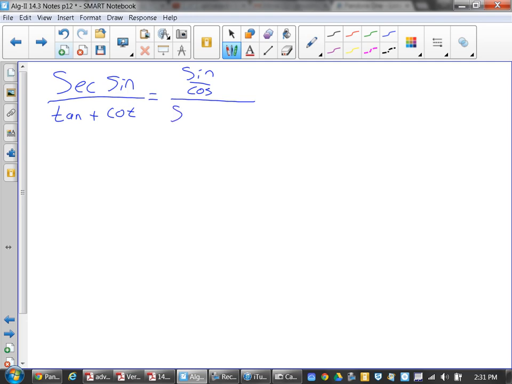This becomes sine over cosine plus cosine over sine. What's your common denominator? Cosine sine. So you have cosine sine times sine squared plus cosine squared, which is what? 1.